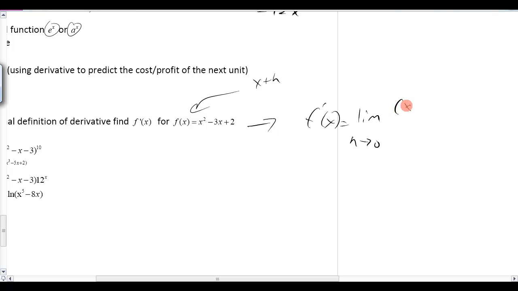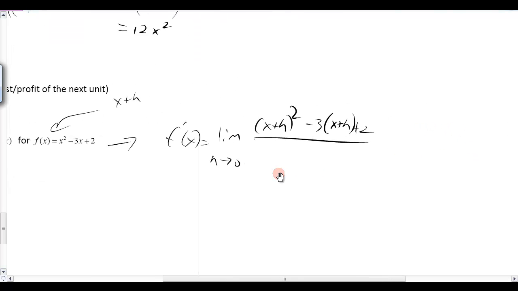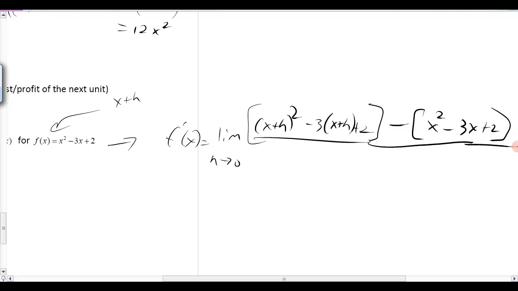So that will give me x plus h squared minus 3 times x plus h plus 2. That's just your first part. Then minus, now we just need the regular function: x squared minus 3x plus 2. Now that's all over h.